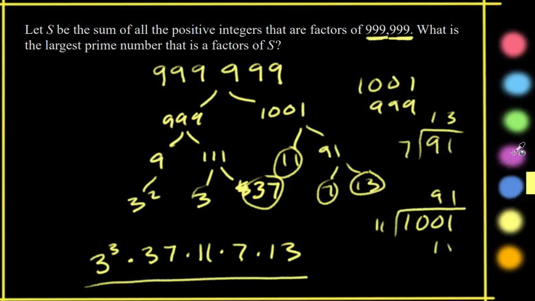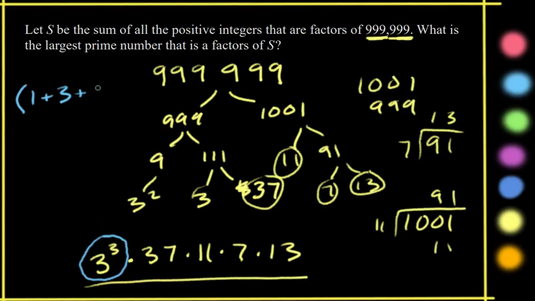Well, there's a trick for that. If you know the prime factorization, there's a way to compute the sum of all the factors. And the way you do it is you take each one of the prime factors. You do that factor to the 0 plus that factor to the 1, all the way up to the factor to the power that it is in there.